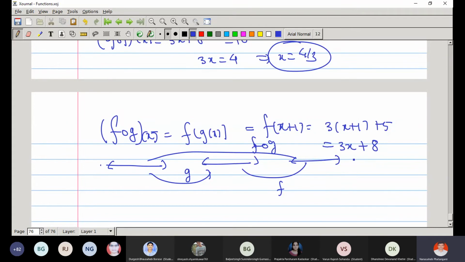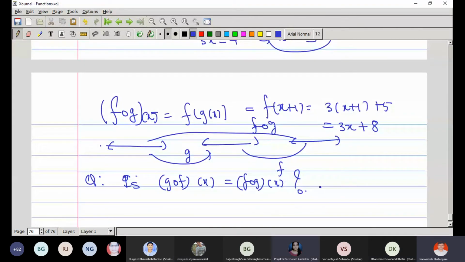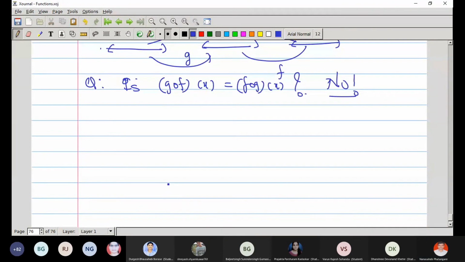So now the question is, is G composite f of x the same as f composite g of x? Is it true? No. Therefore, the order matters. Which order you are taking may not be the same. G composite f is not the same as f composite g. They are different functions. It depends on what your functions f and g are.